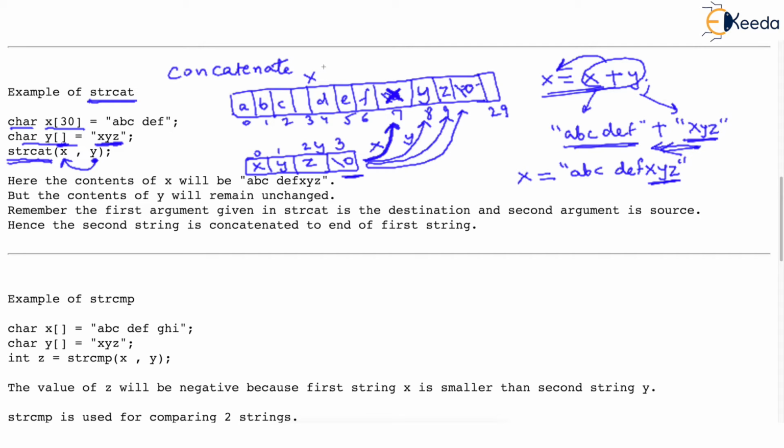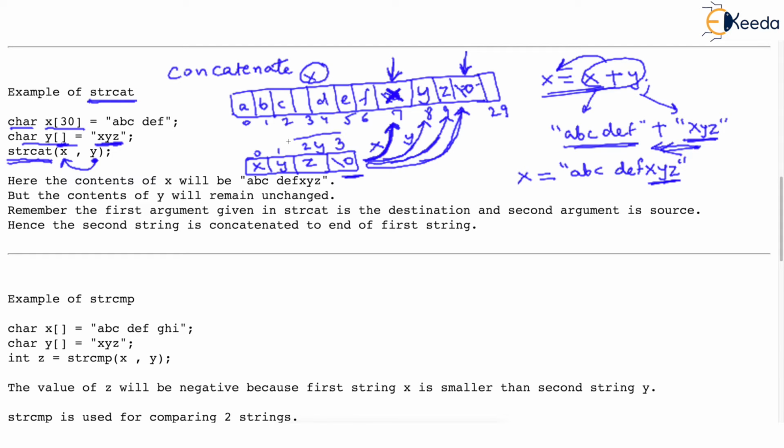Check. Now X ends with this backslash 0. Here it ends. Previously, you recall that backslash 0 was at this place where I am pointing. But these letters X, Y, and Z and then backslash 0 have been simply copied or concatenated at the end of X. So Y remains unchanged.